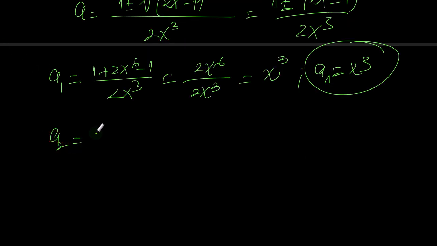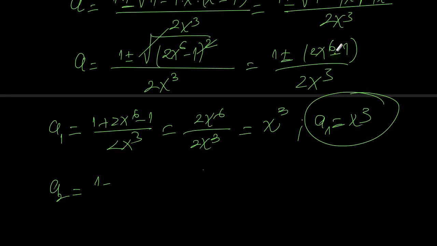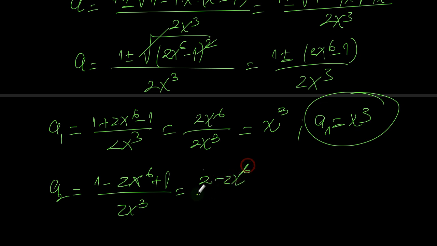a2 is going to be equal to 1 minus, you see here guys, minus 2x to the 6 minus 1, so minus 2x to the 6. Negative times negative, we're going to have a positive here, plus 1, divided by 2x to the power of 3, and then we're going to have 1 plus 1, 2, minus 2x to the power of 6, divided by 2x to the power of 3.